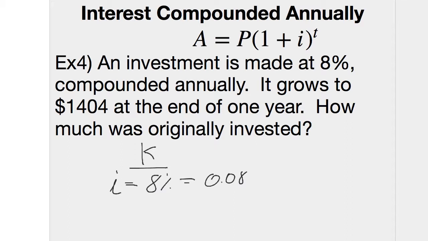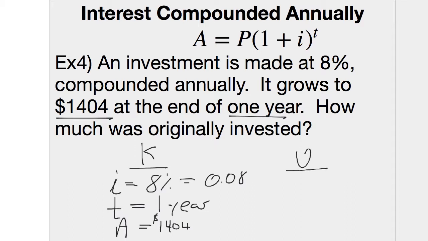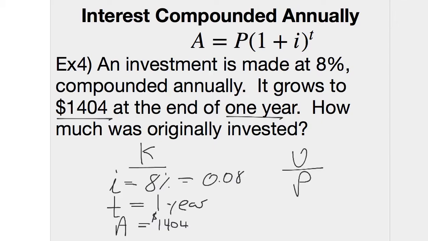The time, it says 1 year. The 1404, that's going to be the final amount, A, $1,404. And what is unknown, we want to find the P, the principal amount, how much was originally invested.